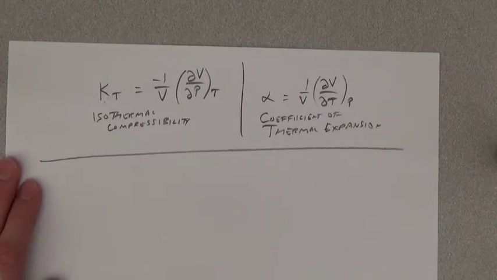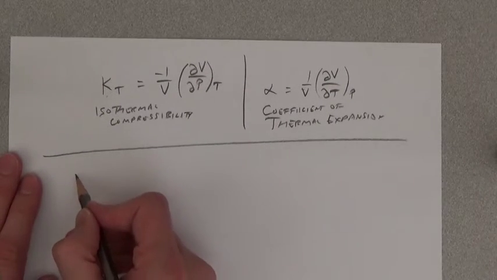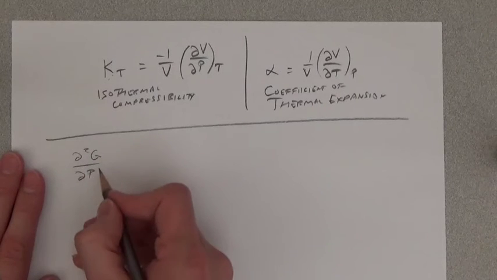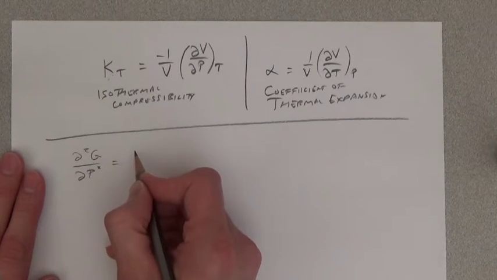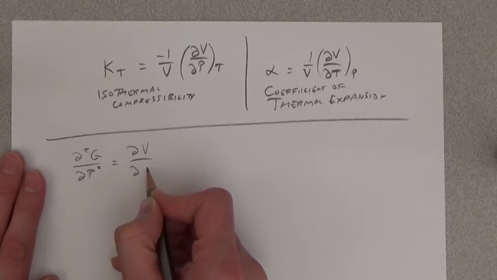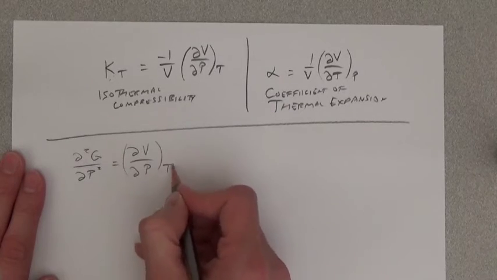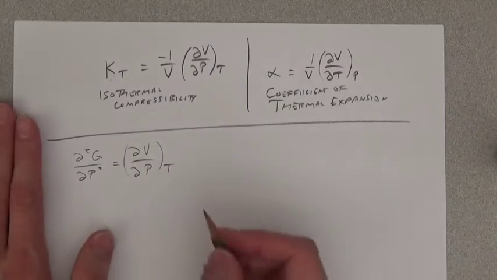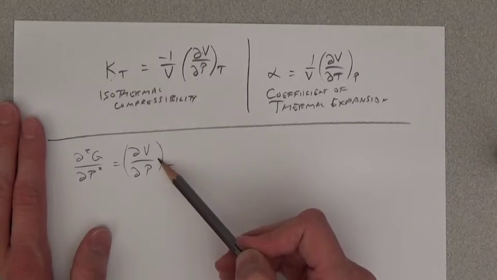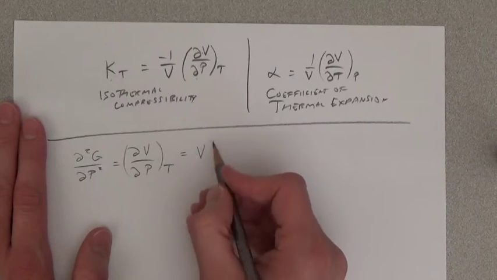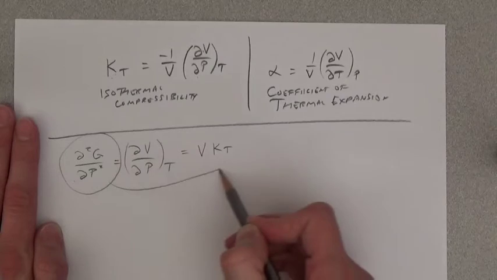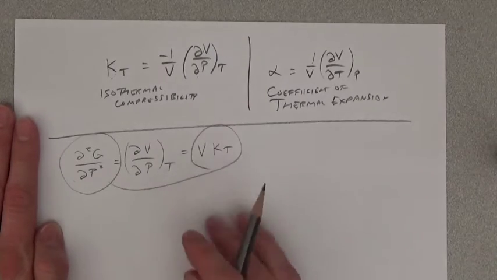Now, taking the second derivative of Gibbs with respect to pressure is equal to the derivative of the volume with respect to pressure at constant T, and because of this, that is equal to kappa T. Those two are related.